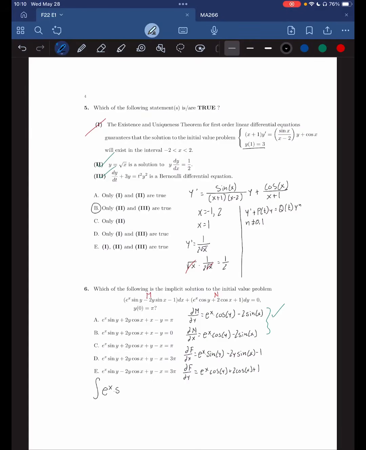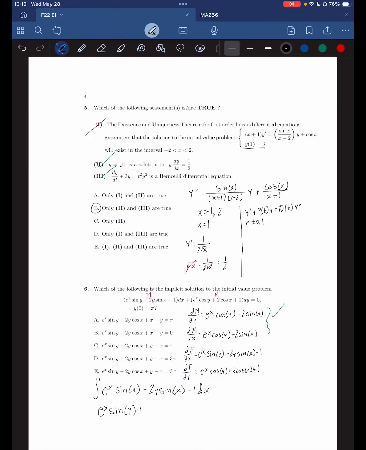Times sine y minus 2y sine x. And remember, we integrate with respect to dx. So once we take this integral, this stays as e to the x sine y.